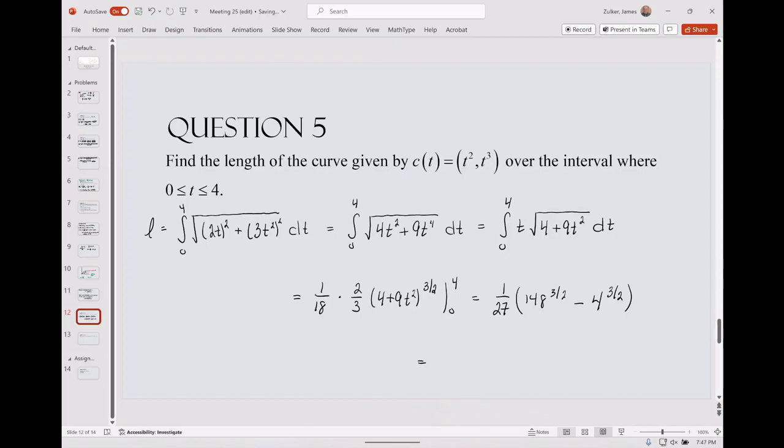Square root of 148 is 2 root 37. And then 2 times 148 is 296. 4 to the 3/2 we know is 8. And I believe 296 is divisible by 8. It is.